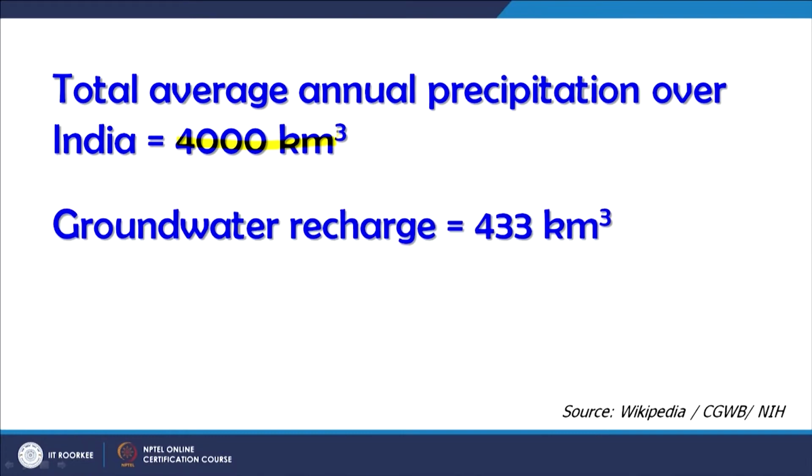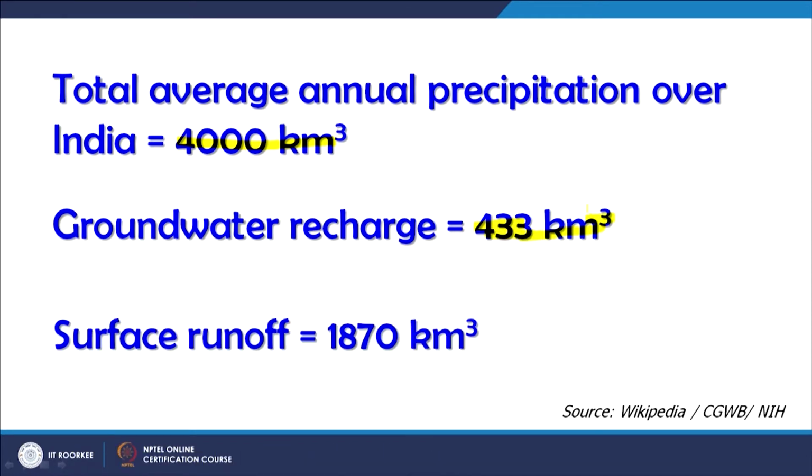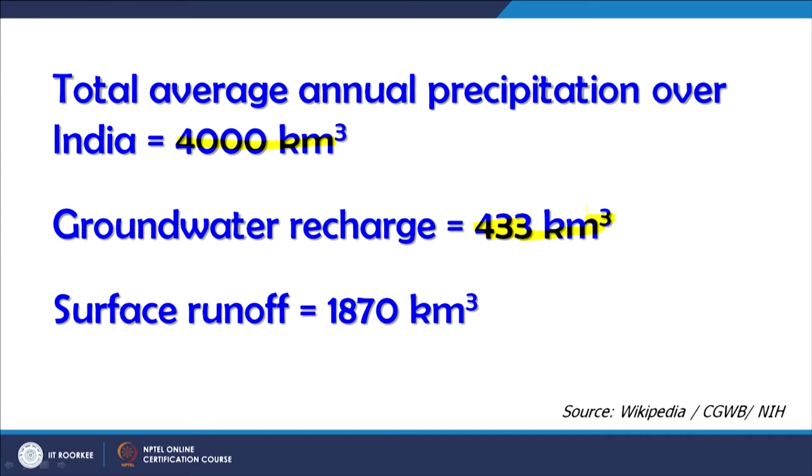And groundwater recharge is just 433 cubic kilometer, and the rest is going as waste. You are having surface runoff, the maximum part is going as surface runoff. It does not store. Now I will give you all this idea how to solve this problem through a case history or a study which we did a few years back.